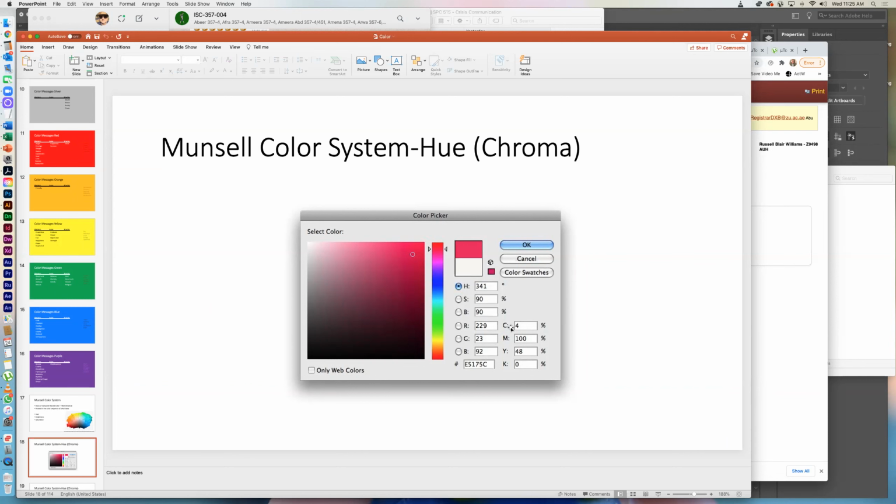But you can also operate on RGB, okay, that's red, green, blue that we talked about. And there's CMYK. And while if you're very experienced in these, RGB is 255 levels of red, 255 levels of green, 255 levels of blue.